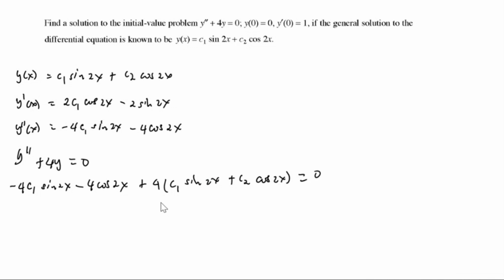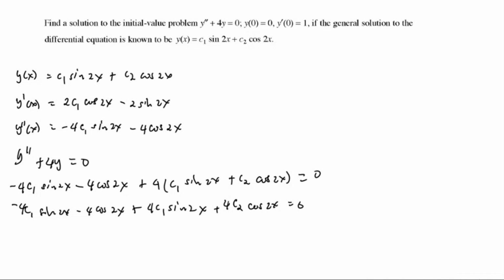So this will be negative 4 c sub 1 of sine 2x minus 4 c sub 2 cosine of 2x plus 4 c sub 1 of sine 2x plus 4 c sub 2 of cosine 2x is equal to 0.